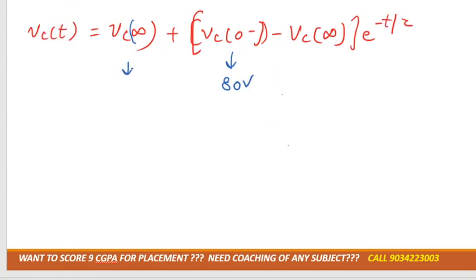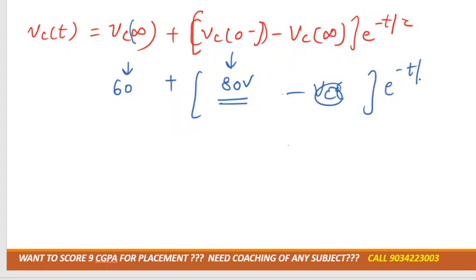VC of infinity we got as 60, right? VC of 0 minus we got as 80, and you can substitute the values into e raised to power minus t by tau. Now you need to calculate tau. Tau is R equivalent multiplied by C. Calculate it.